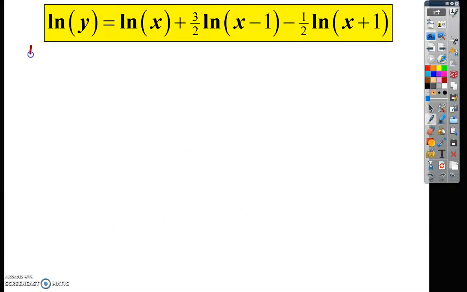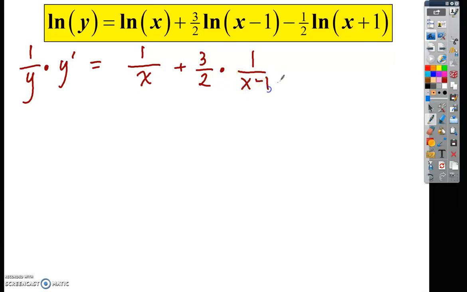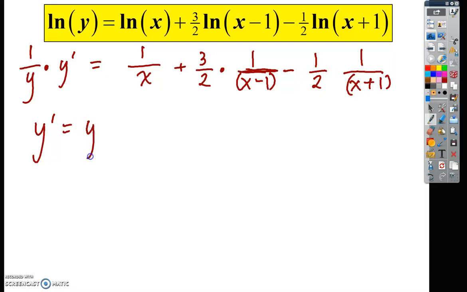So we have 1 over y times y prime equals 1 over x plus 3/2 times 1 over x minus 1 minus 1/2 times 1 over x plus 1. So this is my implicit differentiation, no big deal. I'm trying to get y prime alone. So y prime equals y times this mess.